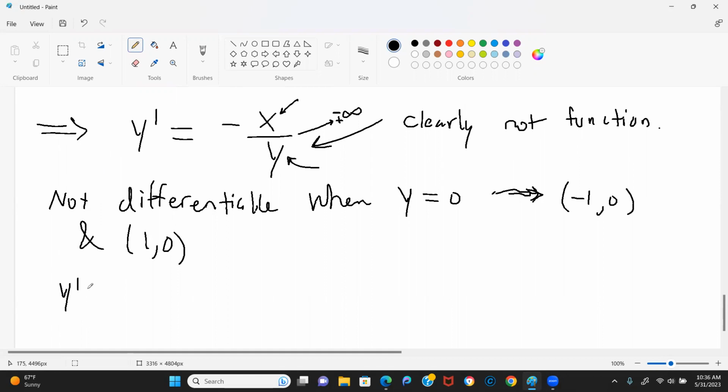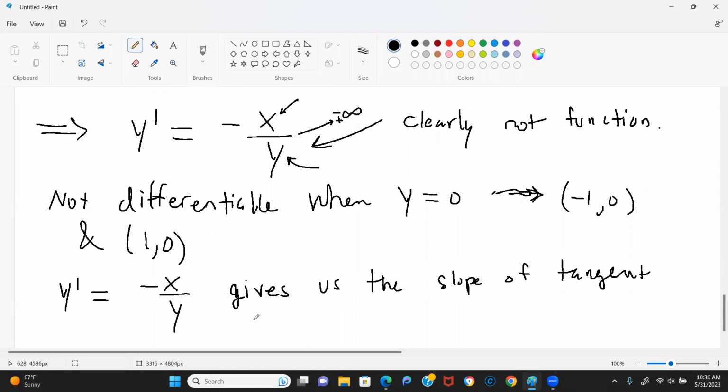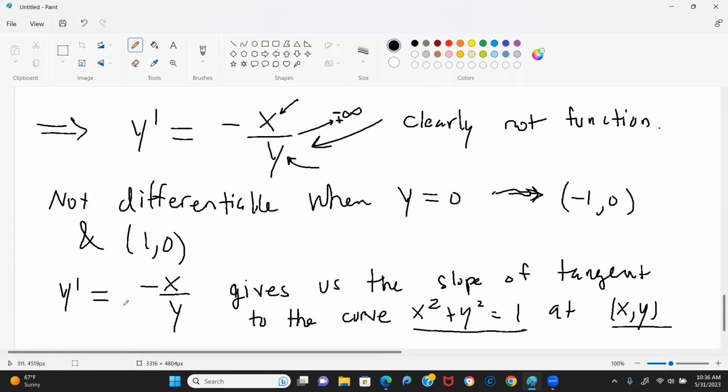Alternatively, y prime, which is equal to negative x over y, gives us the slope of the tangent line to the curve x squared plus y squared equals 1 at the point (x, y). So you have this point (x, y) on the circle, on this curve, and this expression right here gives you the slope of the tangent line at that point.